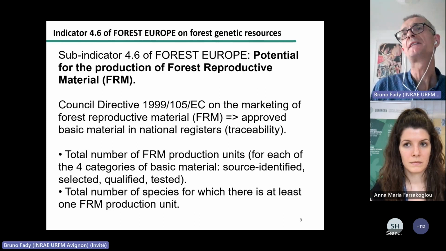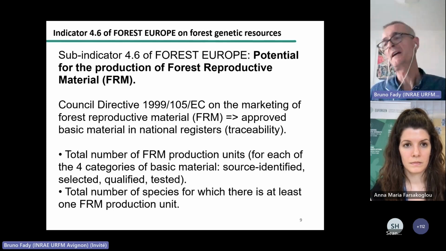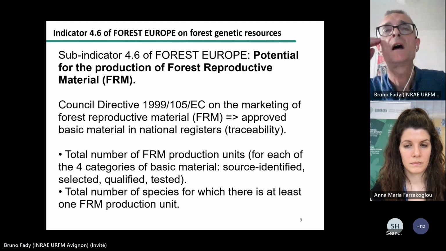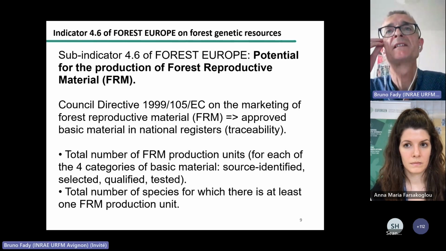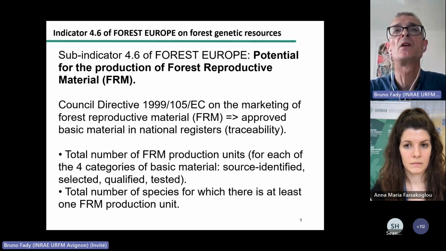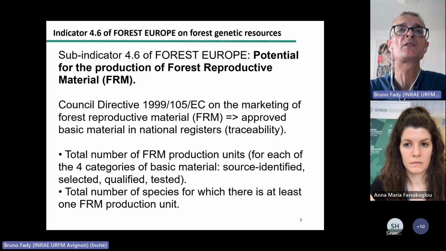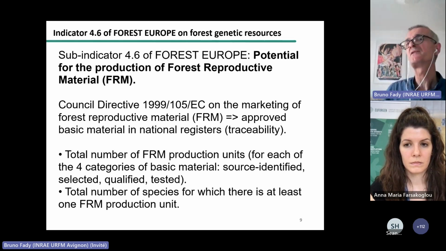Now, if we look at the other sub-indicator, the fourth one that I had highlighted earlier, it has to do with forest reproductive material. In Europe, material that is used for planting is regulated by a council directive and national laws, meaning that every material that is used for planting needs to come from approved material in national registers, meaning that there is a traceability of what is used.